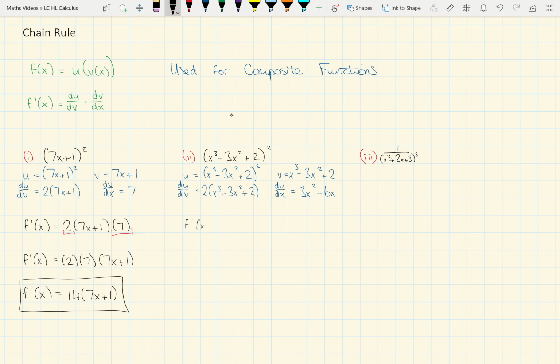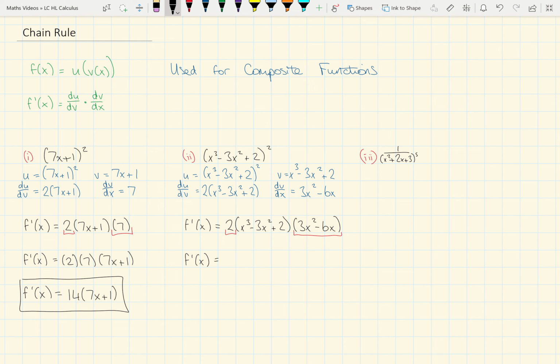So now we sub into our formula. F dash of x is the derivatives multiplied by each other. So 2 bracket x cubed minus 3x squared plus 2 bracket 3x squared minus 6x. So what I can do, again, didn't specify in the question, but just to tidy up a little bit if I want.